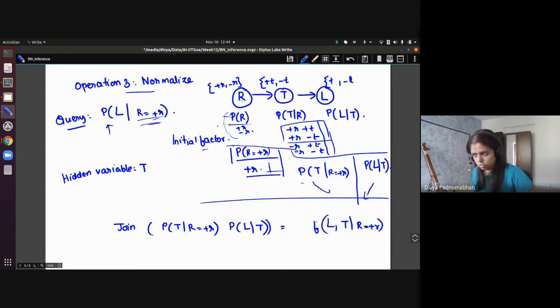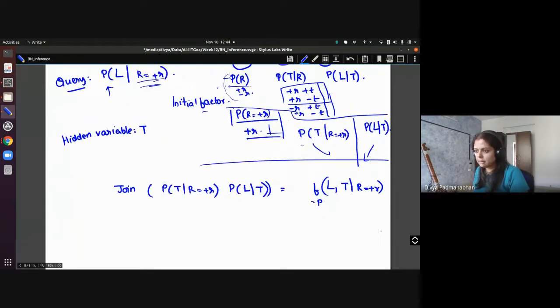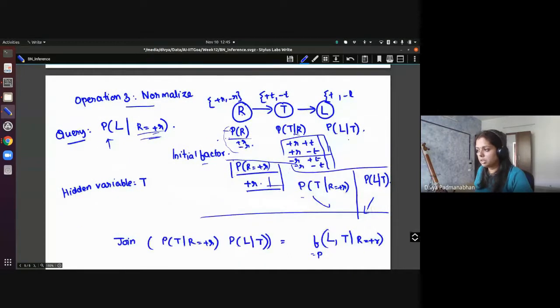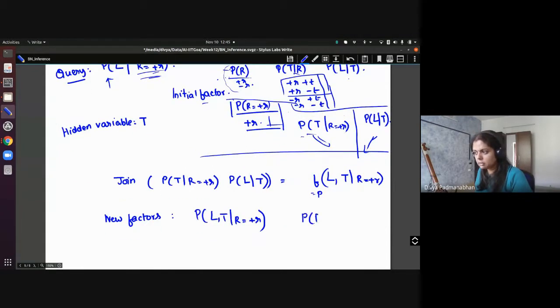It turns out it is a probability: P of L, T given R equal to plus R. Now your new factors are P of L, T given R equal to plus R. These two factors got merged, and what is left is P of R equal to plus R. So these are the new set of factors.